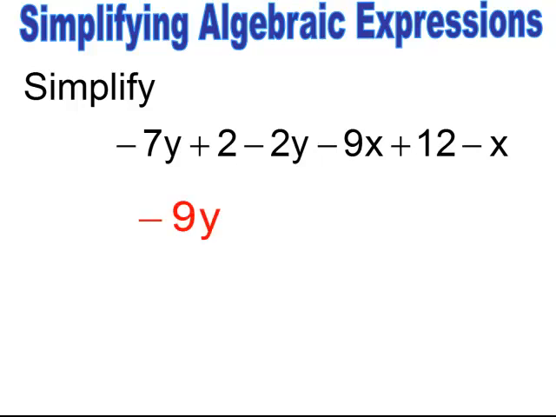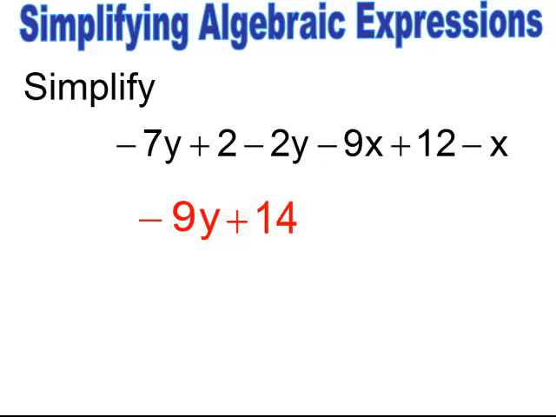So I'm getting negative 7y minus 2y is a negative 9y. And then I have 2 plus 12, which is going to be plus 14.